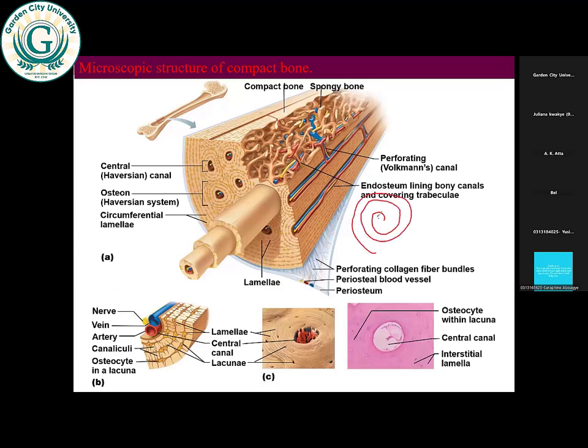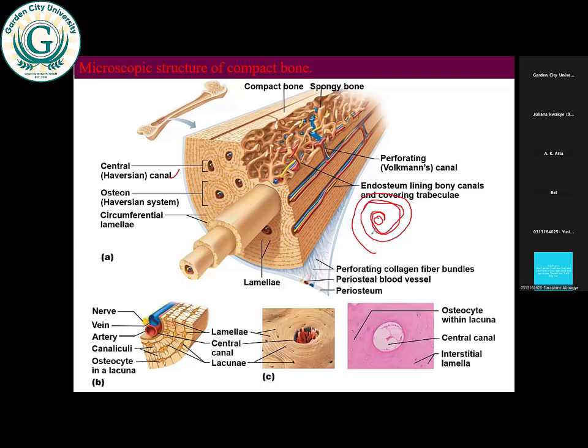So there's a central cavity. The central cavity is what we call the central canal or Haversian canal. Then you have the bone matrix. You see, they form a concentric ring, like I've done here.